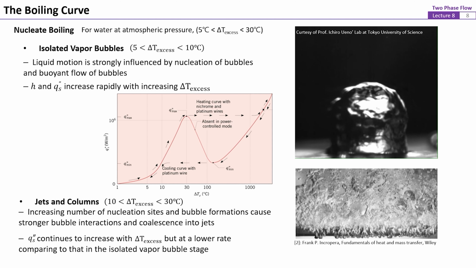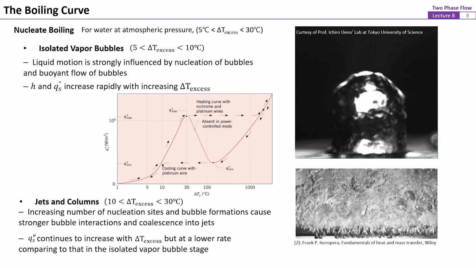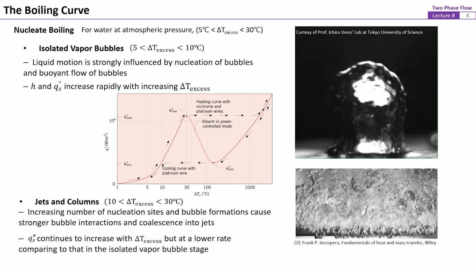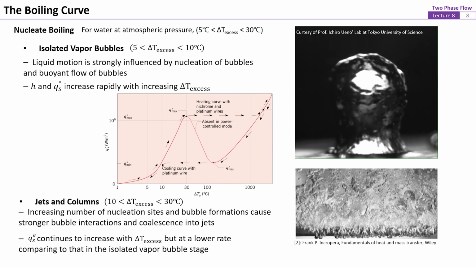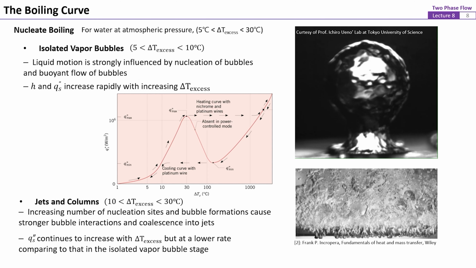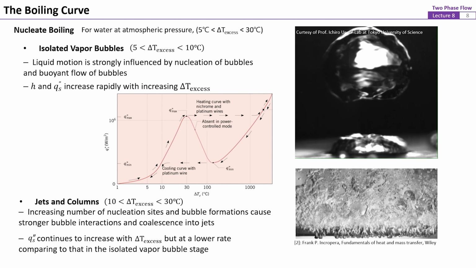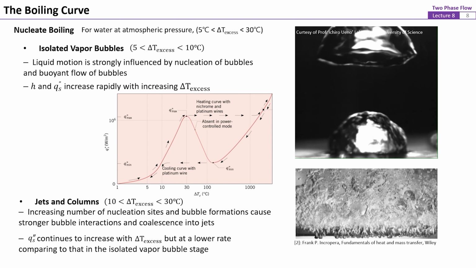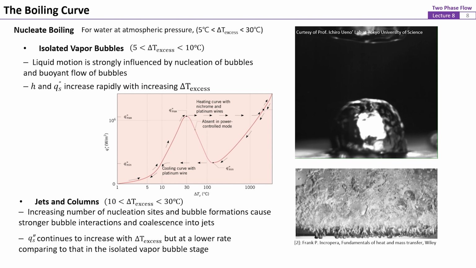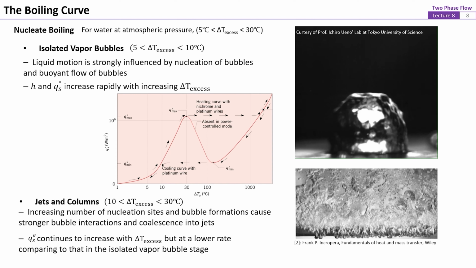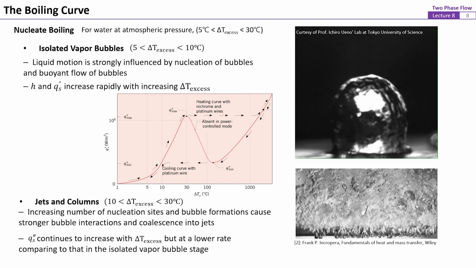However, as the fraction of the surface covered and occupied by vapor bubbles increases, it gets difficult for liquid to reach the hot surface. In consequence, the boiling heat flux increases at a lower rate with further increasing excess temperature and eventually reaches a maximum limit.